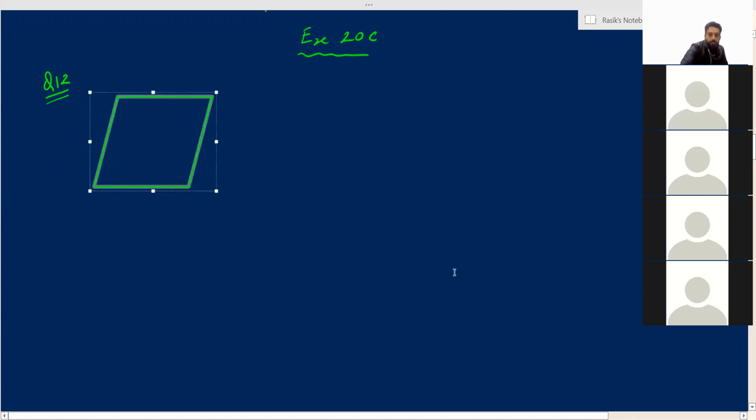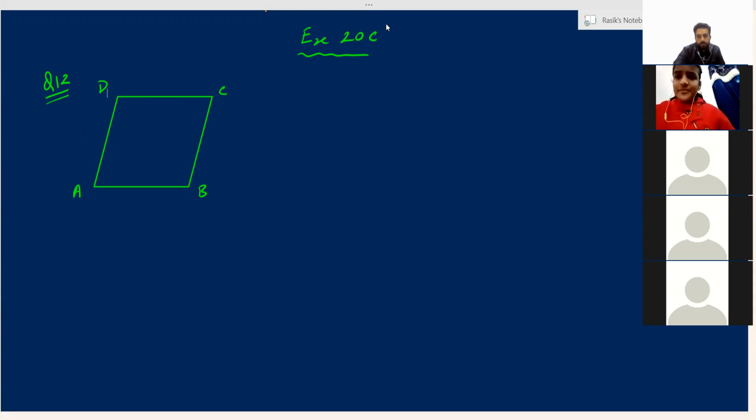So this is a rhombus. Let's name the rhombus as ABCD. Sir, your voice is not coming. My voice is coming, all of you. Yes, sir, it's coming. Beta, there may be some network issue with you. Who's not able to listen to my voice? Sir, voice is not coming. Raghav, there is some network issue at your end.